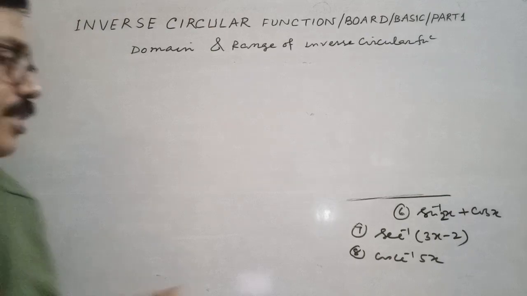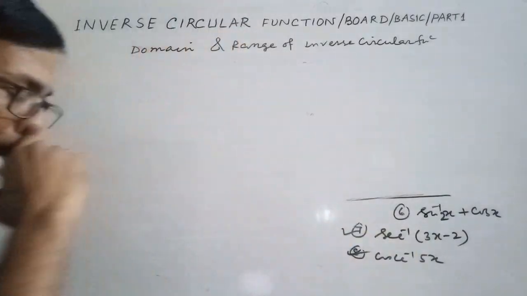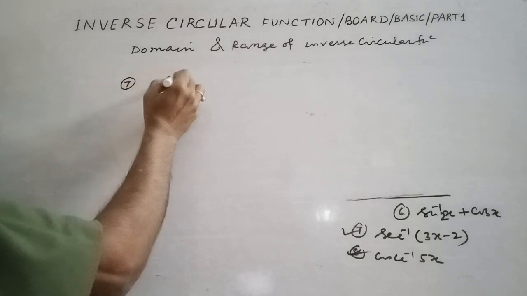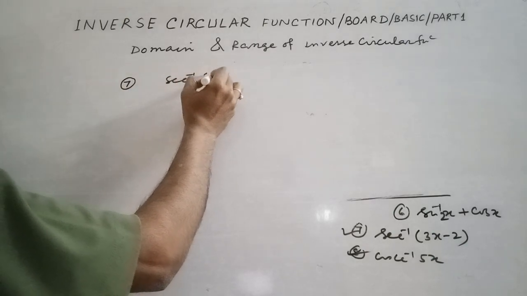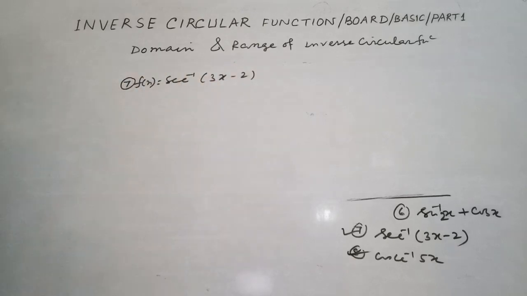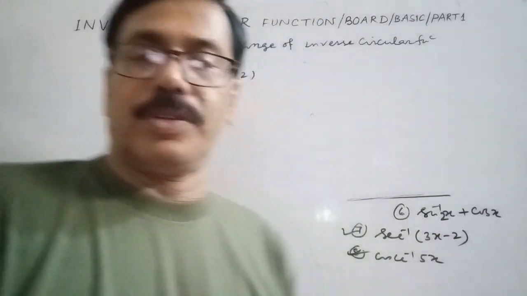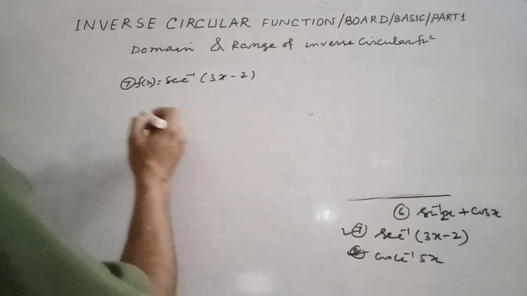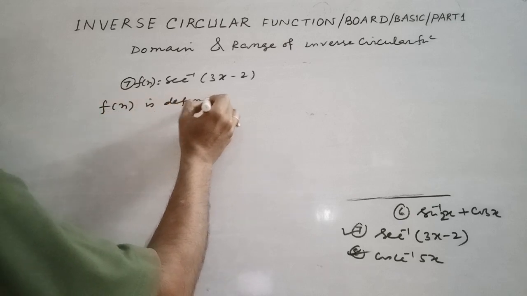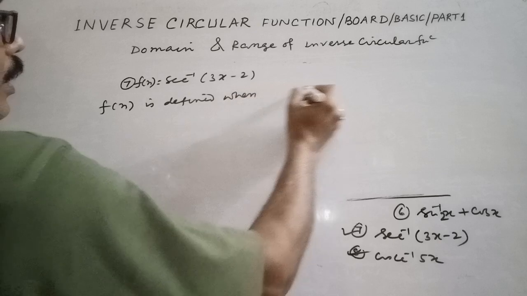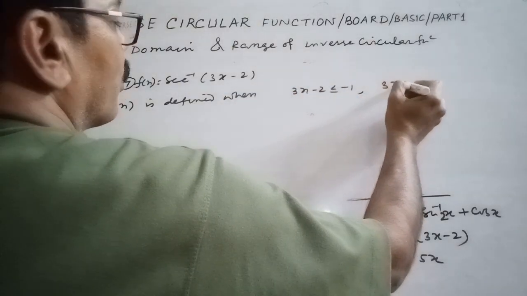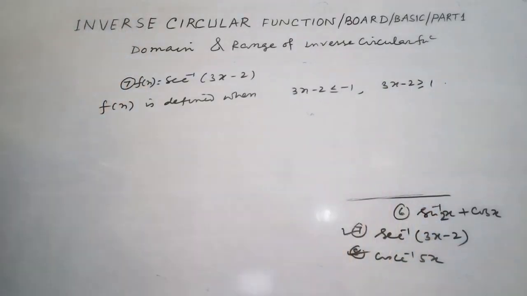Next, sec and cosec. So 7, f(x) equals sec inverse of (3x minus 2). So recall the domain of sec x. f(x) is defined when 3x minus 2 is less than or equal to minus 1, and 3x minus 2 is greater than or equal to 1.